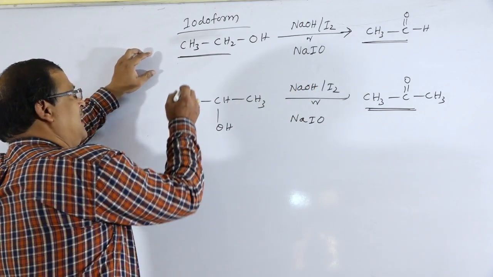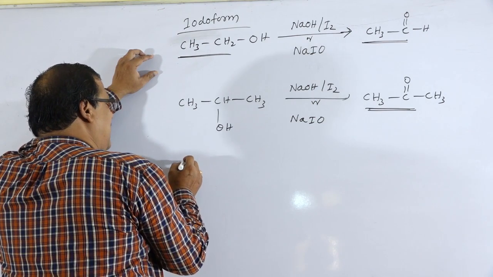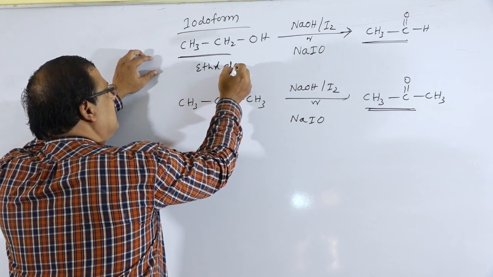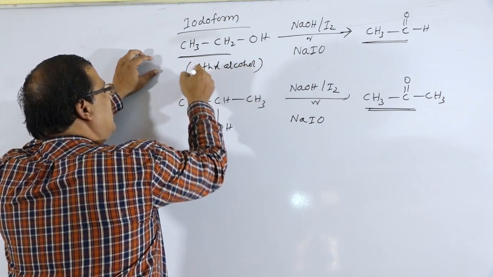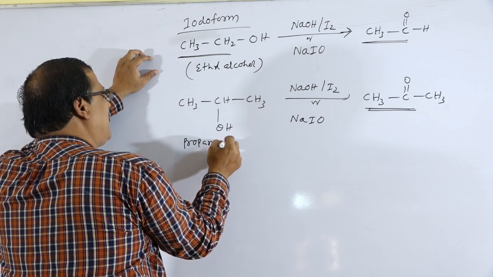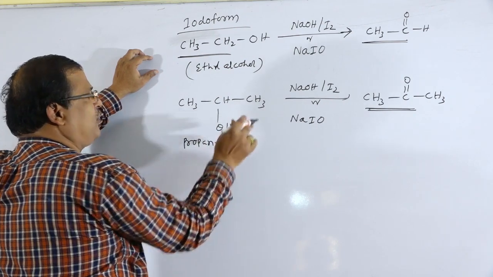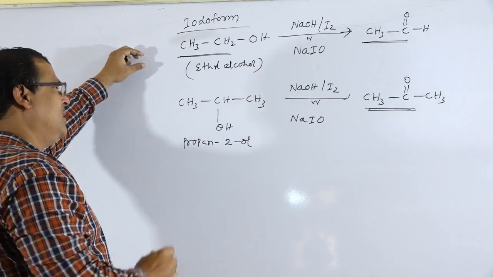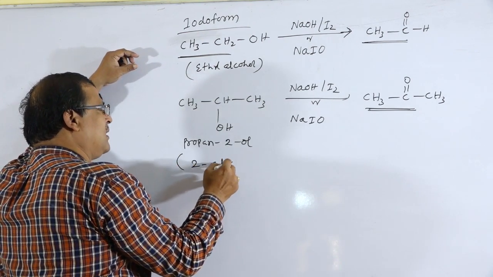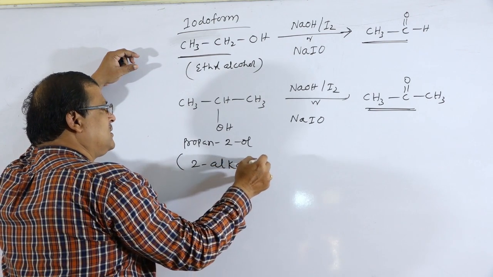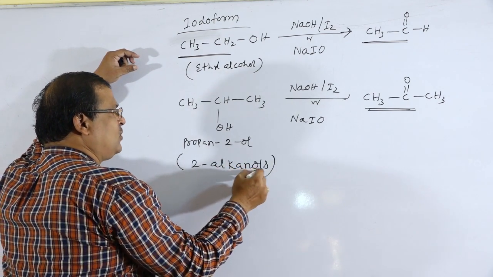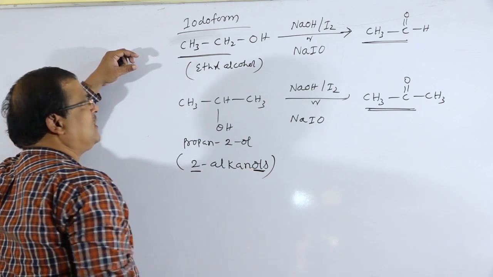So we can take ethyl alcohol or propan-2-ol, or we can say 2-alkanols, meaning the OH group occurs at position 2.